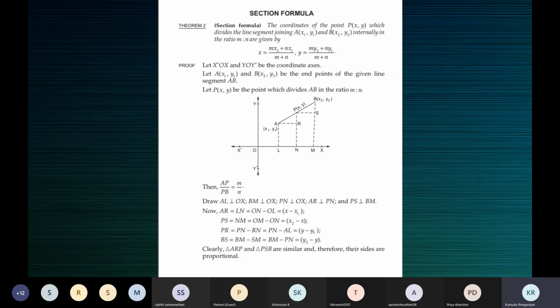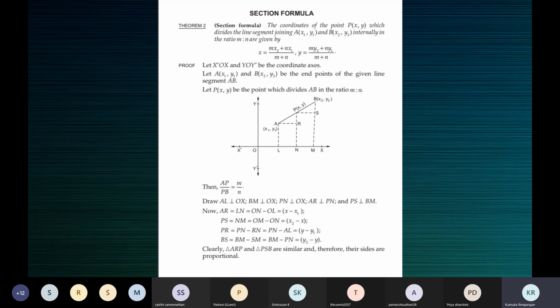It's bigger, right? We have a triangle with sides 3, 4, and 5 centimeters. There's another triangle with sides 3 into 3, 9, 4 into 3, 12, 5 into 3, 15.